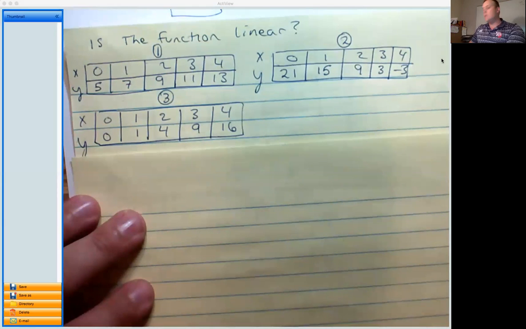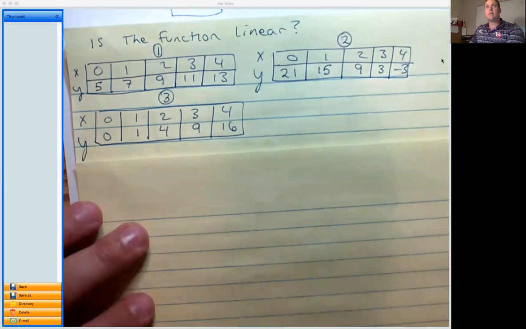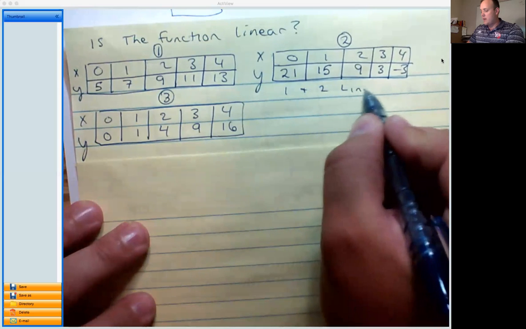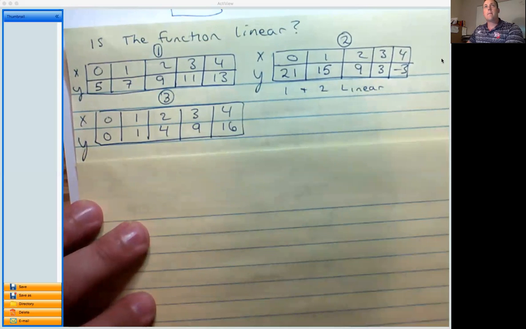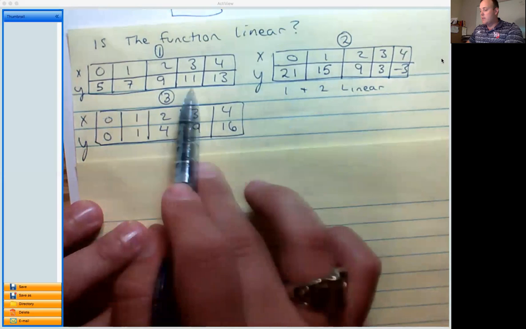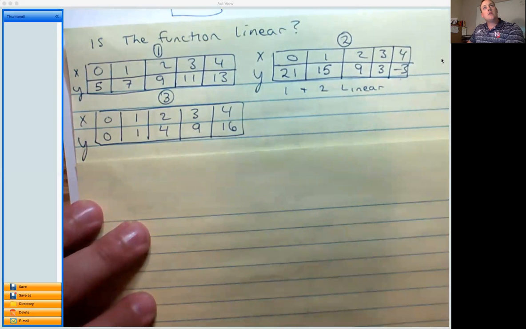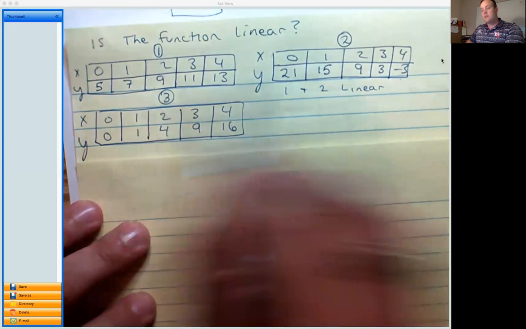Haley, which ones did your table decide were linear? 1 and 2 are linear. And what was your rationale for that? Because on 1 it's increasing by 2, and on 2 it's decreasing by 6. Okay, increasing by 2, decreasing by 6.